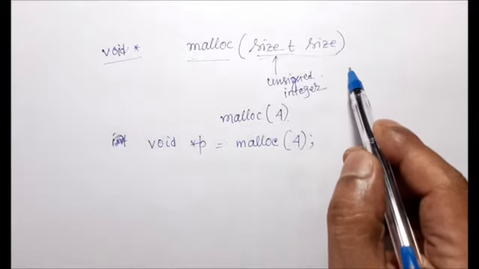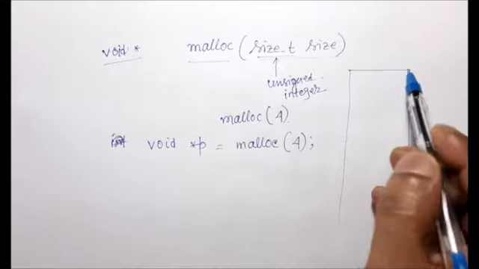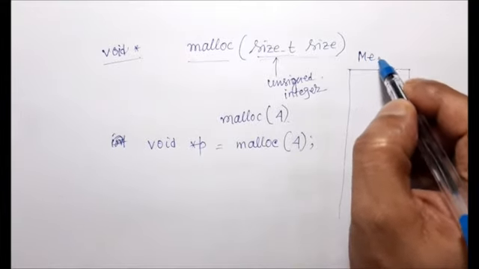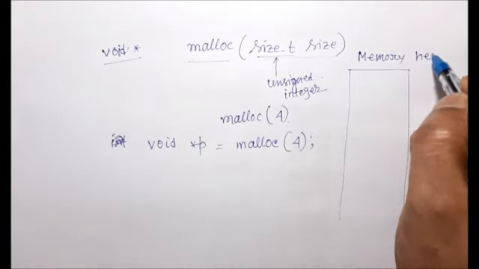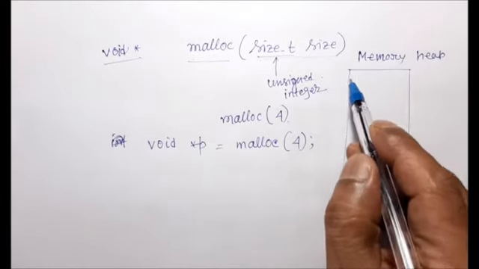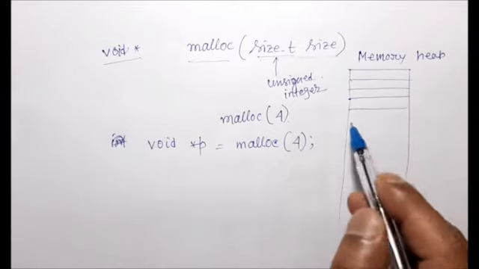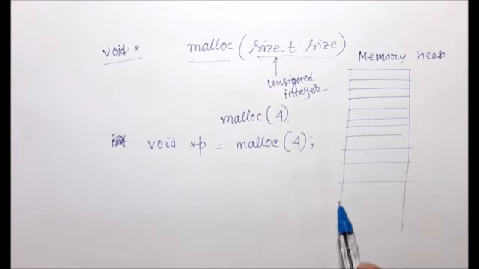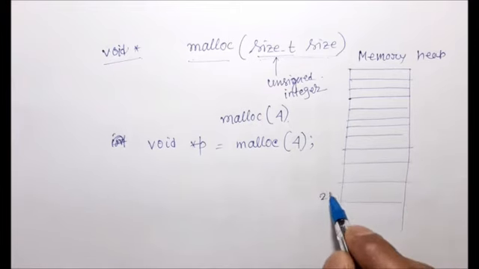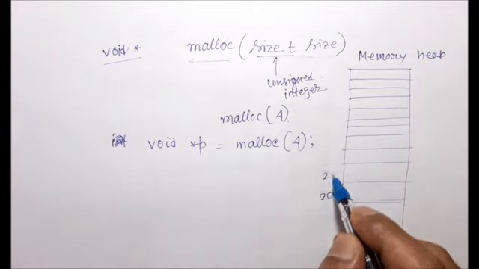If I think of the computer memory, in the heap area, let's consider each block is 1 byte, right? For example, this block's address is 200 and the next byte is 201.